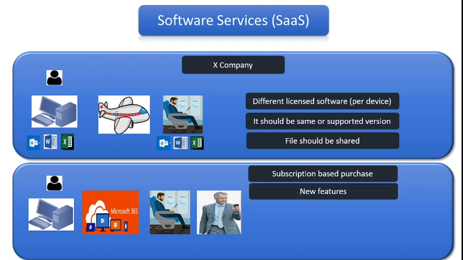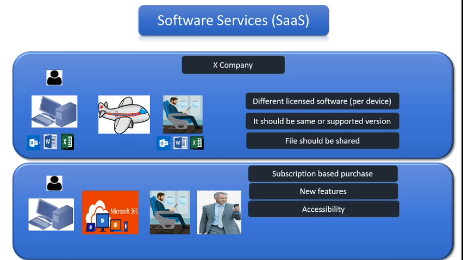So the main difference between the traditional use of the software and software as a service is that the new features are available when you are using software as a service. But in case of traditional applications, it was not the case, because in the traditional way, only the bug fixes or the latest updates are there, but the new features were not available if you have purchased that license-based software.